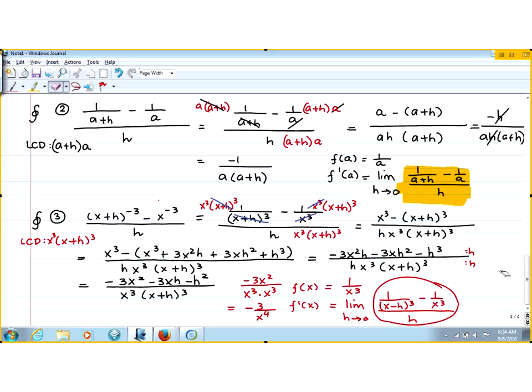But on the denominator, there is nothing that is canceled. So that's why we leave it as (x plus h) cubed. There are no cancellations needed on the denominator. However, on top, I have x cubed minus, and if I expand this, then we could do some simplification. That's a good question.